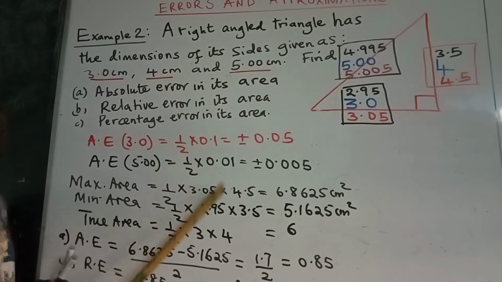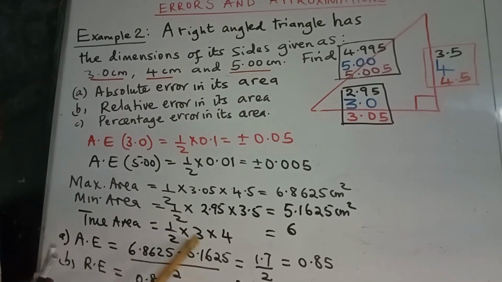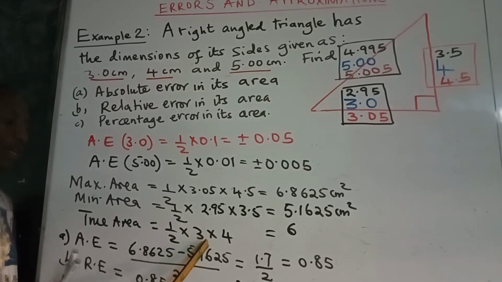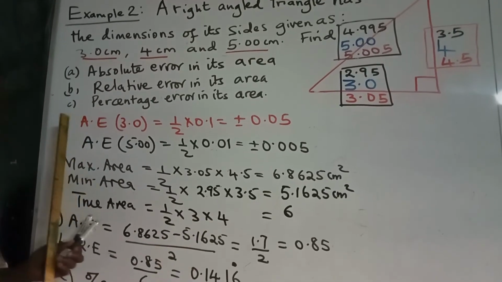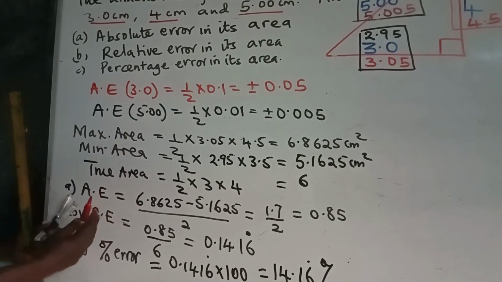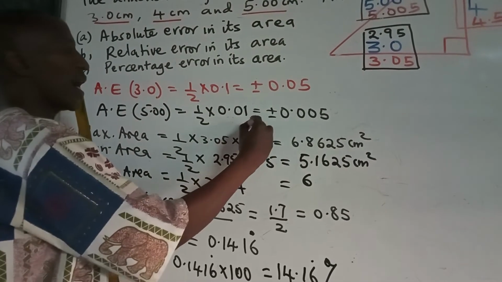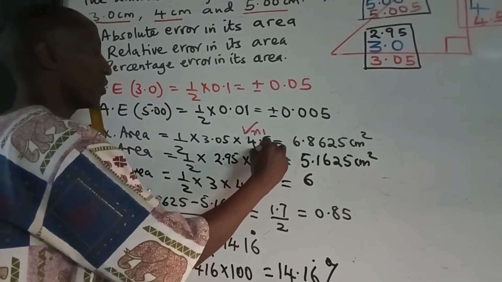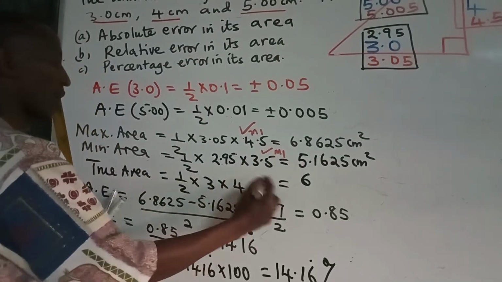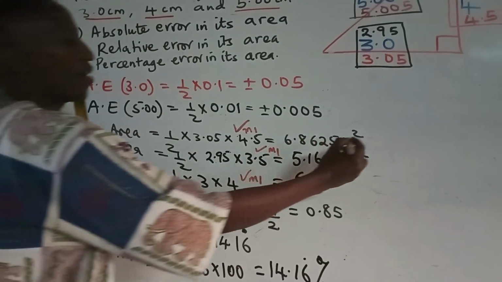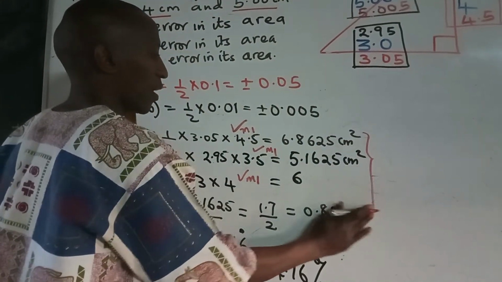Area involves multiplication. And once more, we are using this golden formula: maximum area minus minimum area over 2. If we are to award marks in this case, calculating this correctly is 1 mark, an M1, and having this also done is an M1, such that in part A you have about 3 marks.